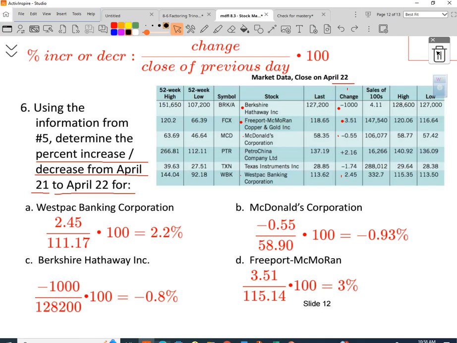Try it again, Kirsten. Clear it out. 3.51 divided by 115. Oh, that's because after you divide, you're supposed to press the equal button. Yes. That's what I did. Yeah, don't forget the equal button. Then multiply by 100. You could do that if you use parentheses.